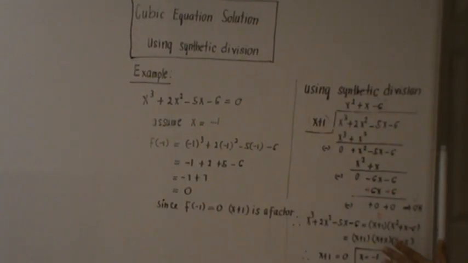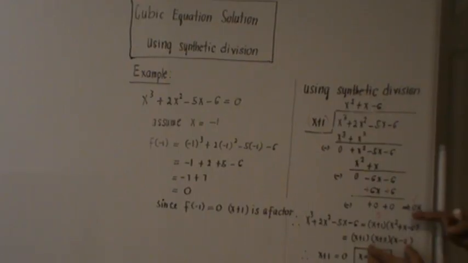And using our knowledge of factoring, the possible factors of x squared plus x minus 6, the resulting quotient, is the product of x plus 3 times x minus 2. Because if we try to expand this one, it will become x squared. The middle term is 3x minus 2x, which is simply x. And the resulting pure constant term is the product of plus 3 and minus 2, and that is minus 6.